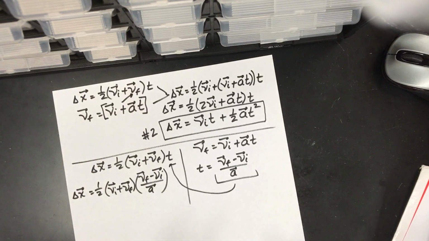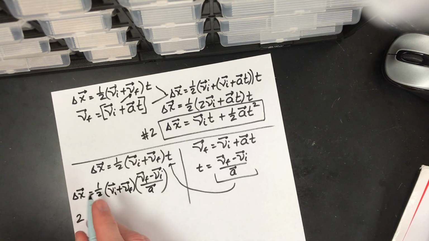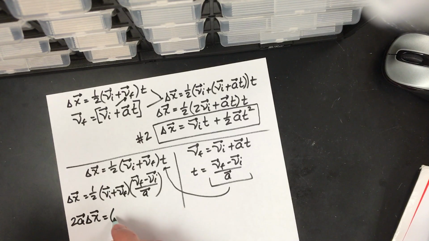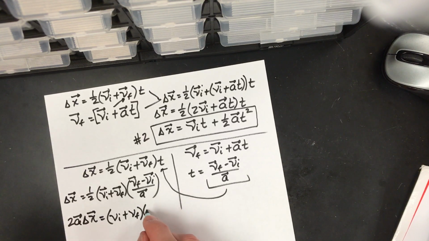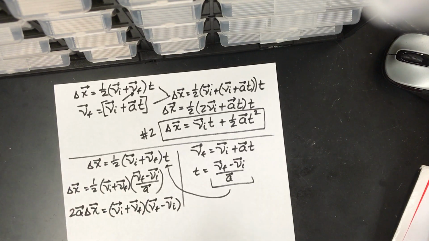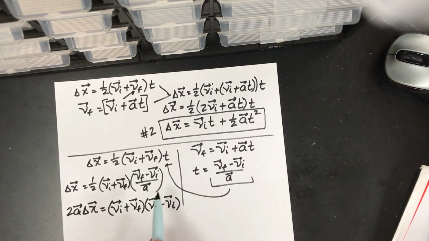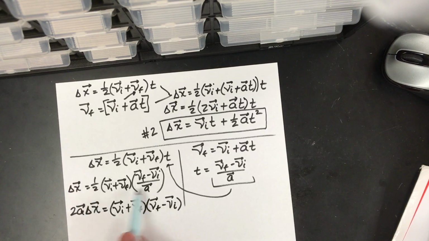Now, it looks a little bit messy, but you can work yourself through here. You're going to end up with 2 times the acceleration times delta x equals Vi plus Vf times Vf minus Vi. Basically, we took the acceleration out of the denominator, multiplied both sides by it, and the 1/2 we multiplied both sides by 2.